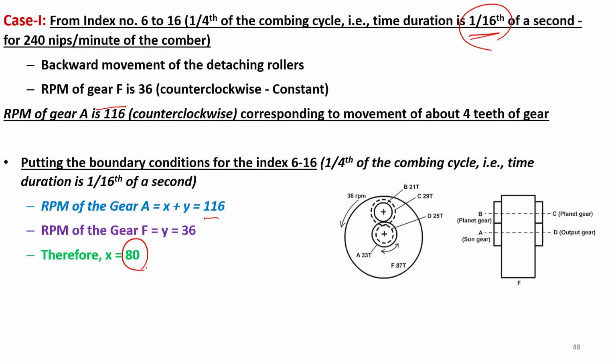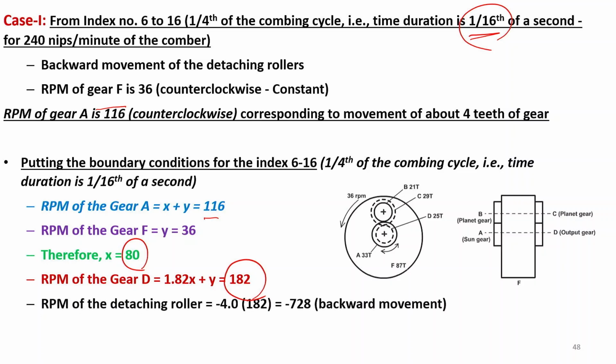Therefore, speed x becomes 80. So, x plus y is 116. So, RPM of gear D we can calculate, it is 182 plus 182, and we can get the backward motion of the detaching roller will be minus 728, and it is going for 1/16th of a second.